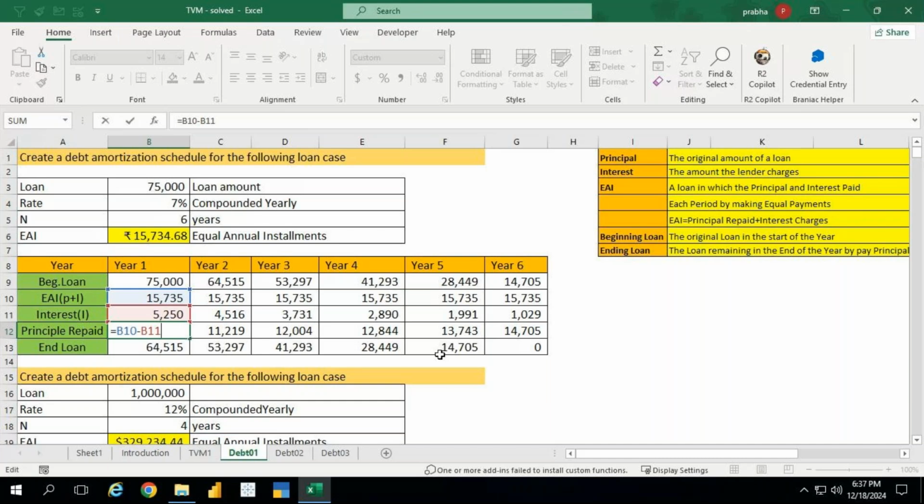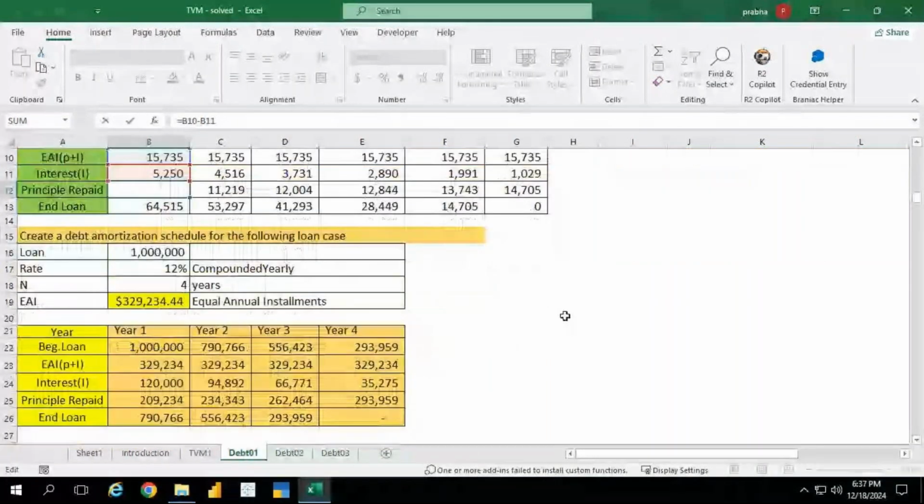The first one is done, try solving the second one. So these are the values what we have to get.